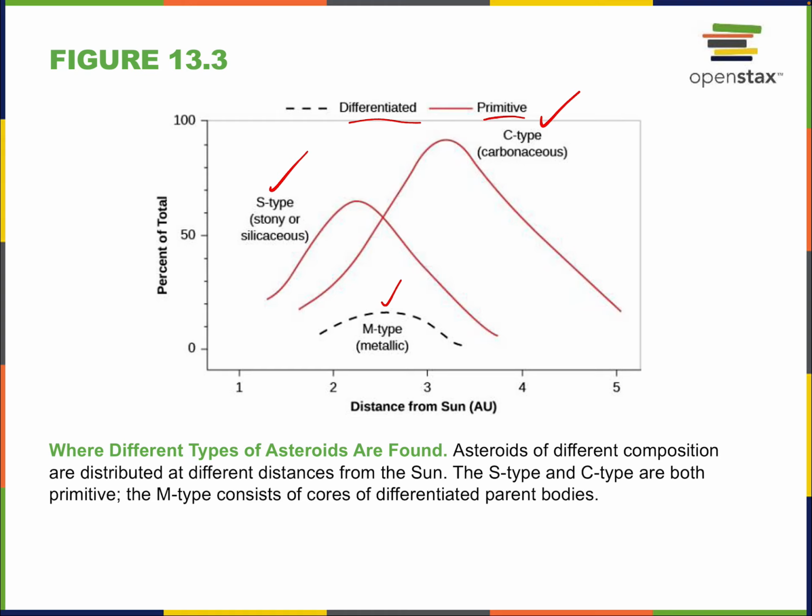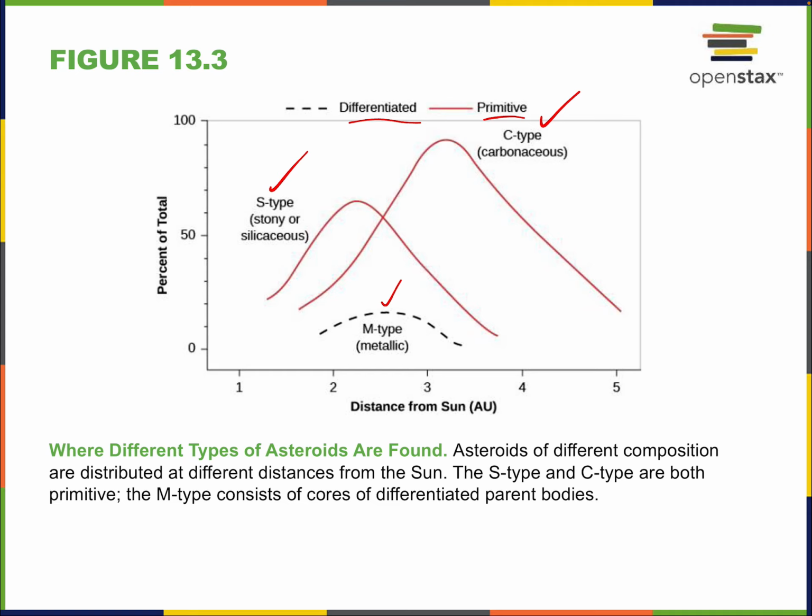If you remember, the difference there is differentiated means that a body, such as a moon or a planet, has become hot enough at some point in its history to have the denser material sink down to the middle because the planet was in a liquid or semi-liquid state, right? Or the world, right? Well, that's the story behind metallic asteroids, because at some point they were probably the core of some primordial worlds, things that could have become planets or moons, and then were broken apart, and the denser core then became a metallic asteroid.